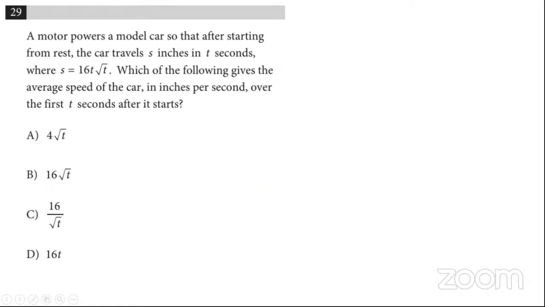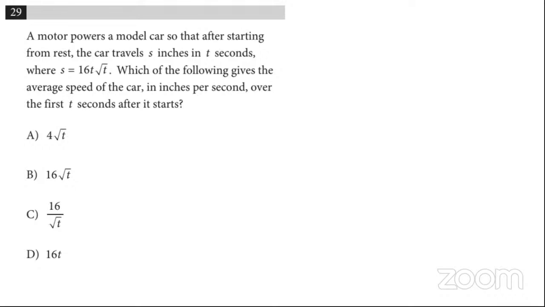Now moving on to the next question. A motor powers a model car so that after starting from rest, the car travels s inches in t seconds, where s is equal to 16t root t. Which of the following gives the average speed of the car in inches per second for the first t seconds after it starts?